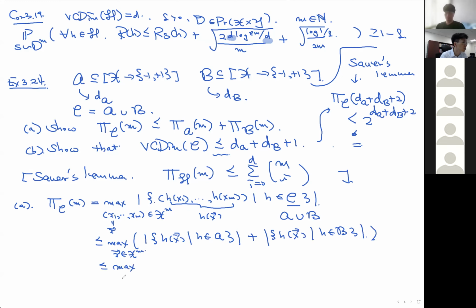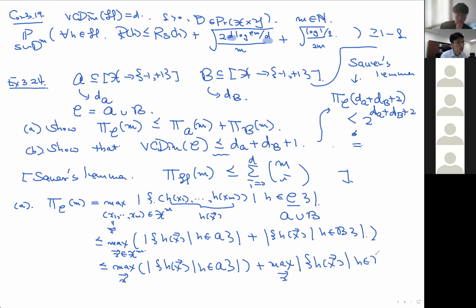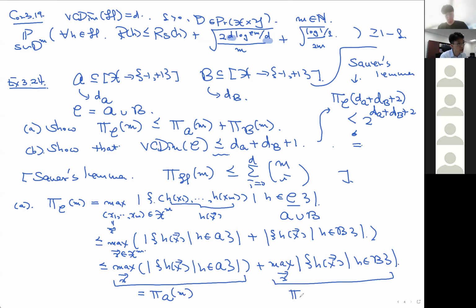So the max over h in A, plus the max over h in B. Then what we get, the first summand is exactly the growth function of A at m, and the second is the growth function of B applied to m.